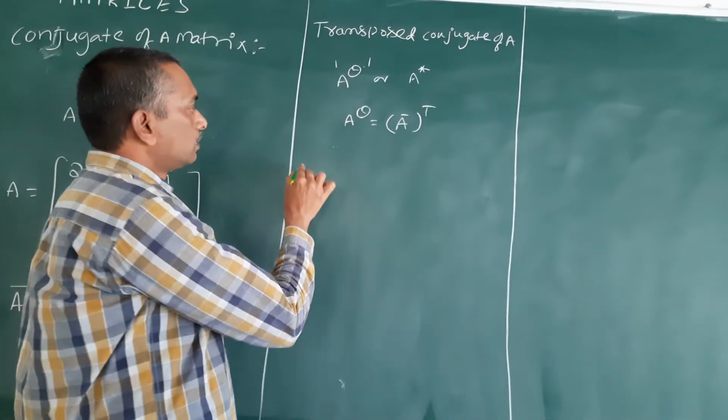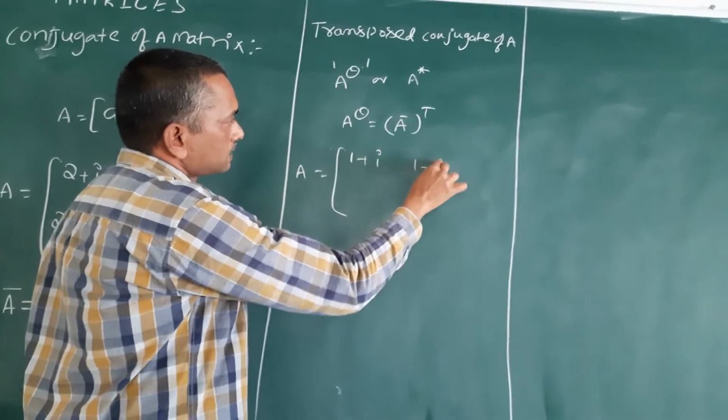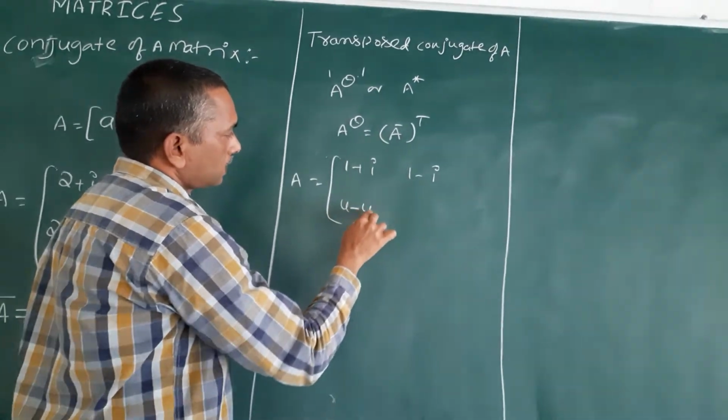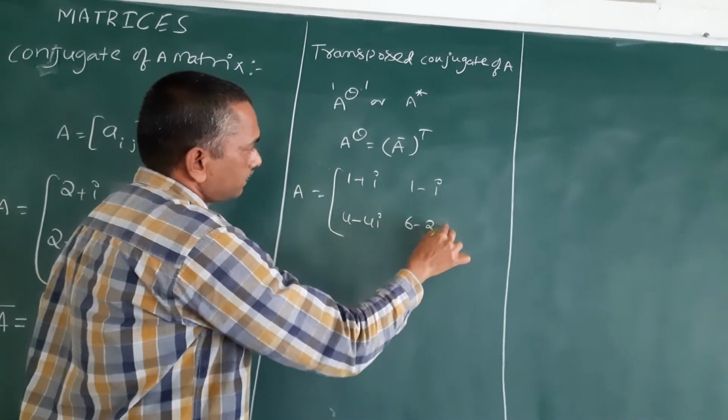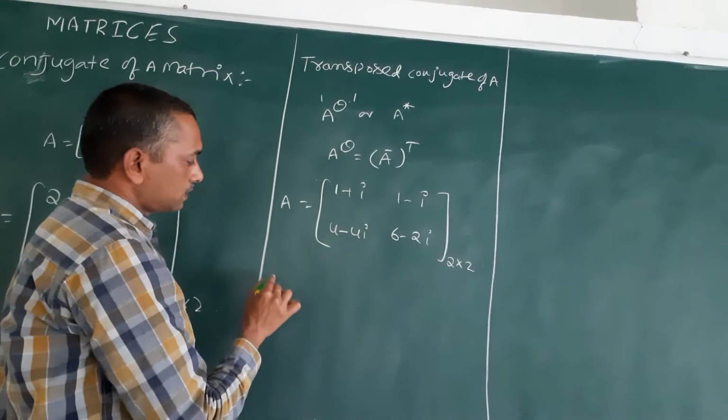For example, A equal to [1+i, 1-i; 4-4i, 6-2i]. This is the given matrix, a 2 by 2 matrix. What is the conjugate of A?